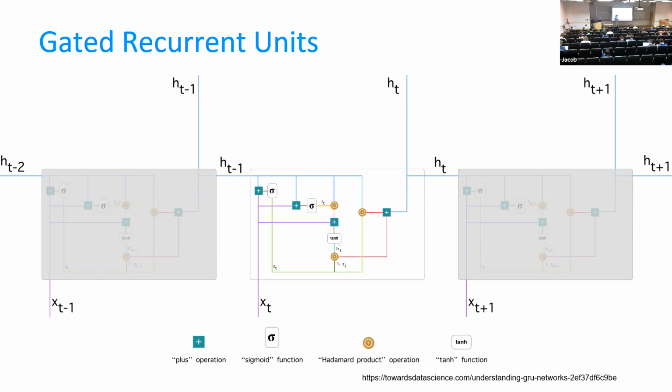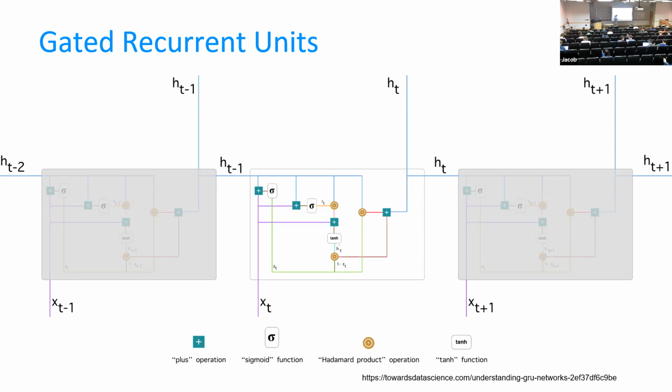I don't have a good answer for you of why that is, because you would think it would be sufficient just to remember. You wouldn't need two paths to remembering information from your memory. But that's how the architecture is. So we have two paths by which we can remember ht minus 1. One is through the direct path, and the other is through this tanh path that also gathers information from our input.